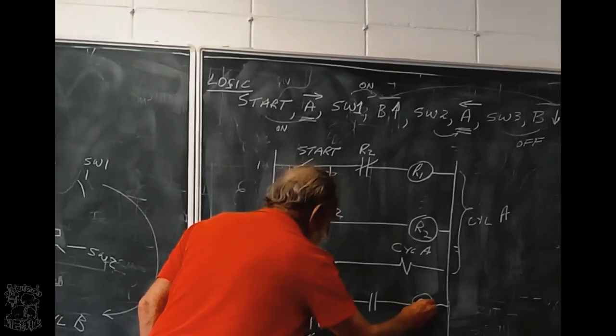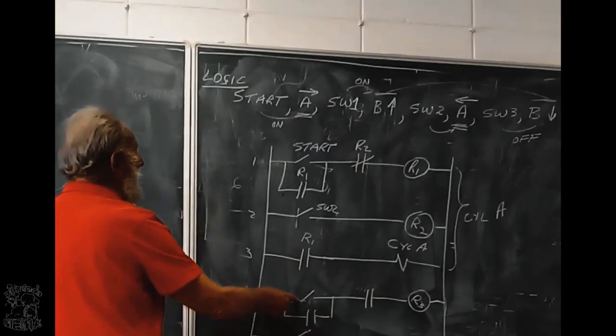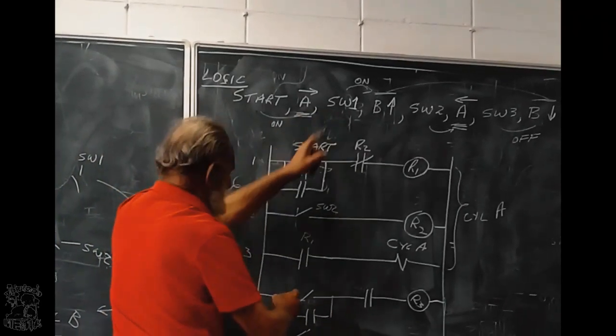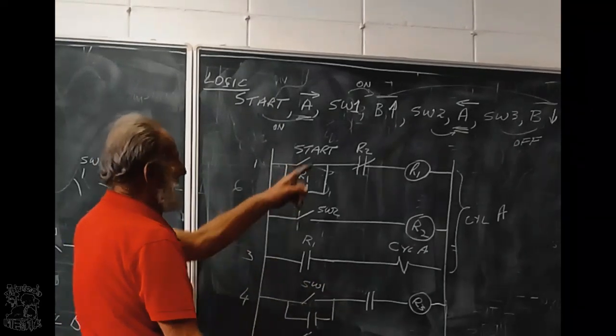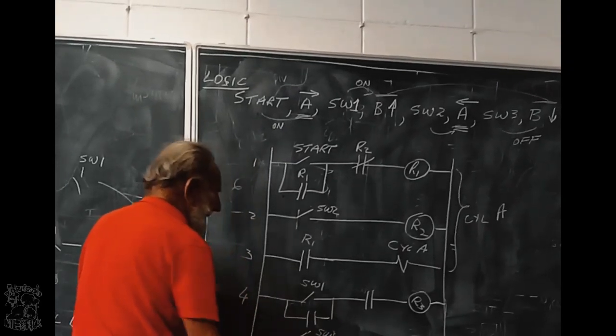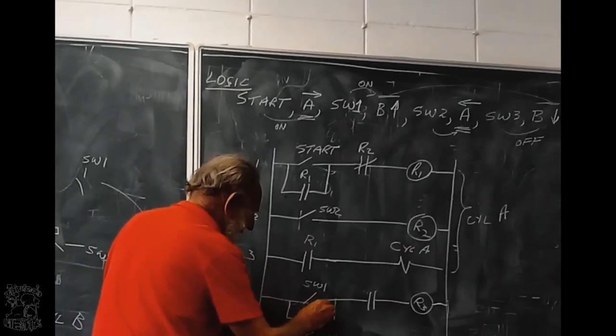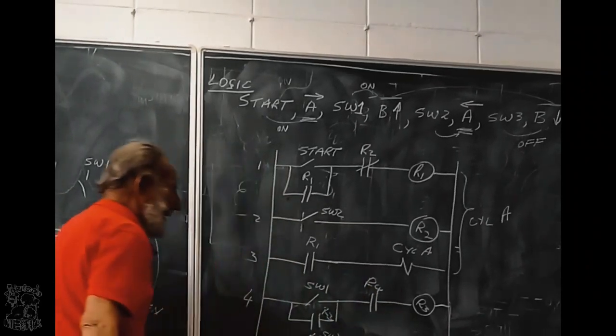Relay 3, relay 4. Power on is switch 1. Power off is switch 3. This must belong to relay 3, that must belong to relay 4.